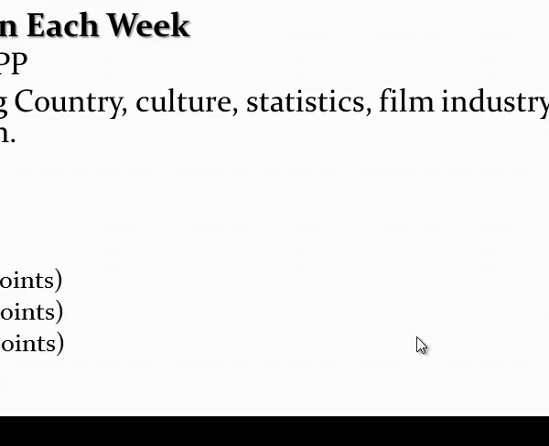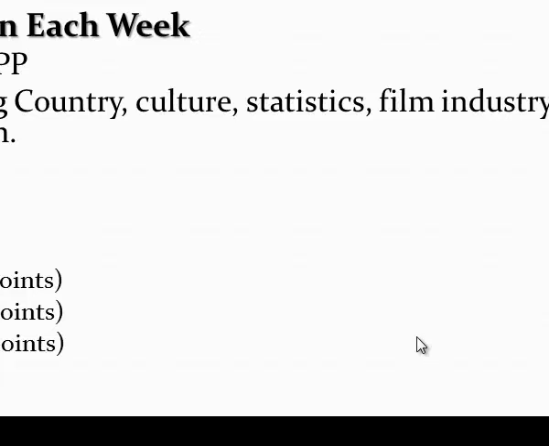For example, I have a what-to-do type of PowerPoint presentation, in which I explain what they need to do. For example, they need to watch a lecture PowerPoint, and in that PowerPoint presentation I give some statistics about the country that we study, the culture, the film industry in that country, and a review of the film that is being discussed during that week.